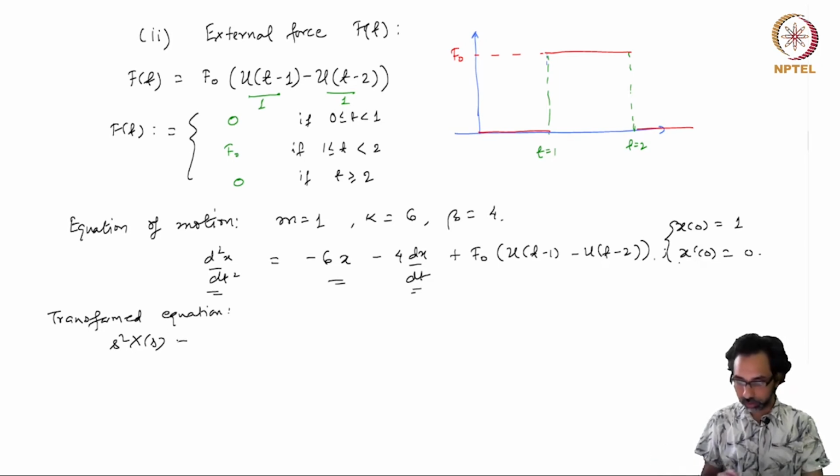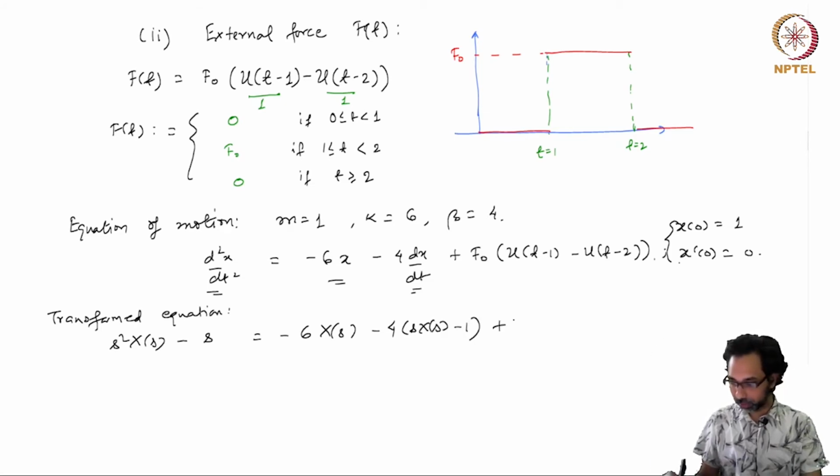So on the left hand side you get s² X(s) minus s, and on the right side you get minus 6 times X(s) minus 4 times (s X(s) minus 1) plus f0, and now you take the Laplace transform for the Heaviside step functions.